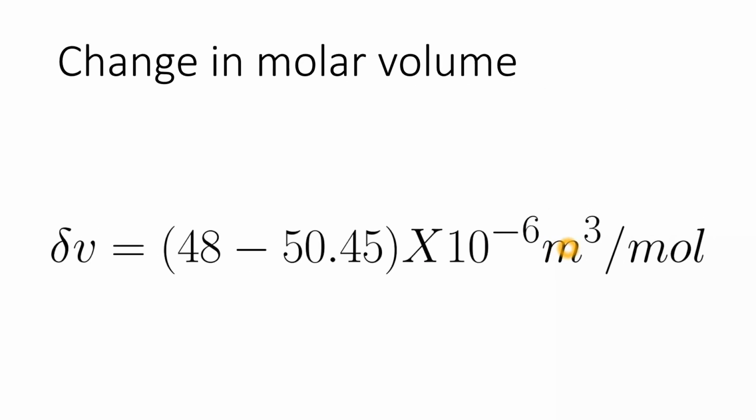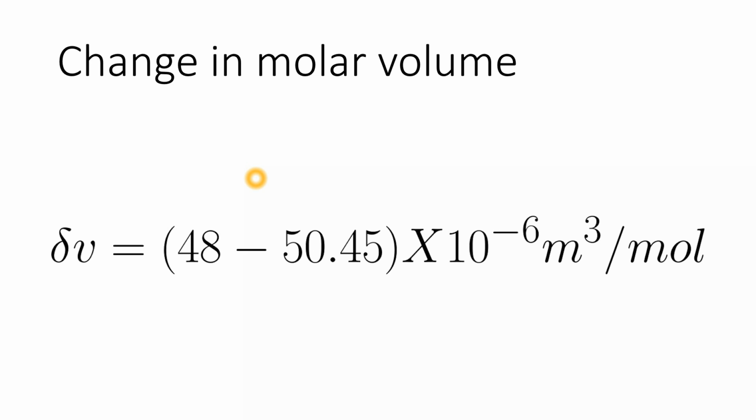Next, the change in molar volume. We have been given the data. The molar volume is decreasing from 50.45 to 48, in units of 10^-6 m³/mol, so we can calculate ΔV. ΔV = 48 - 50.45, since the change in volume is final minus initial.